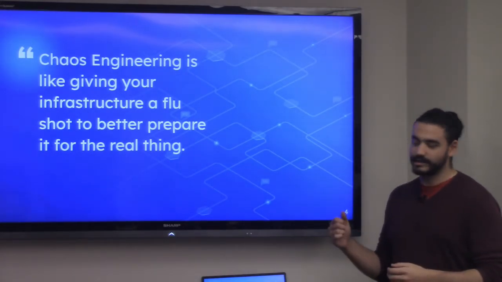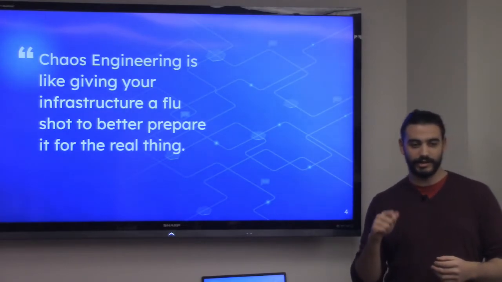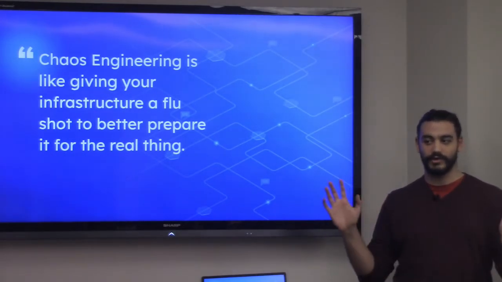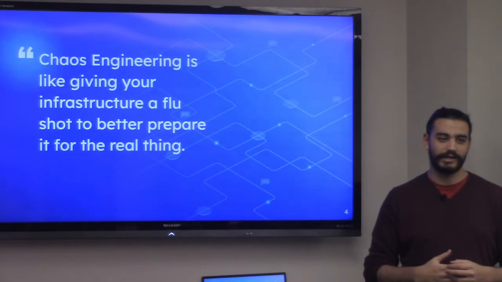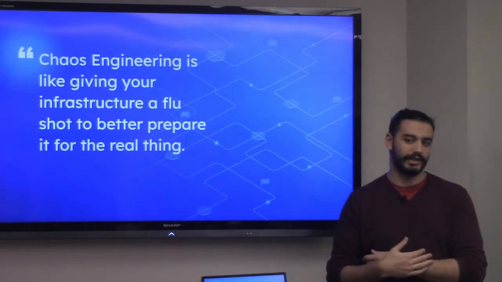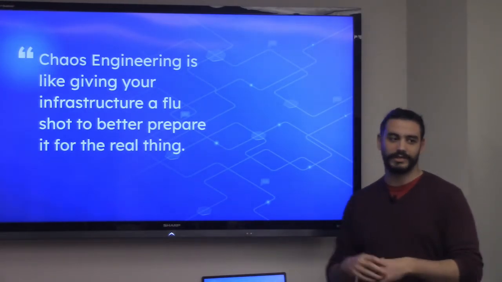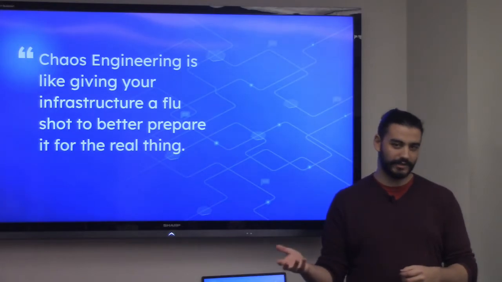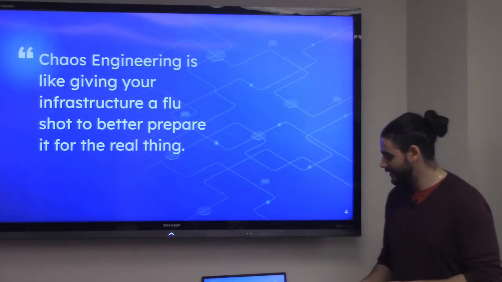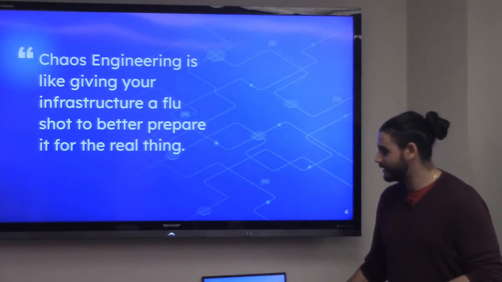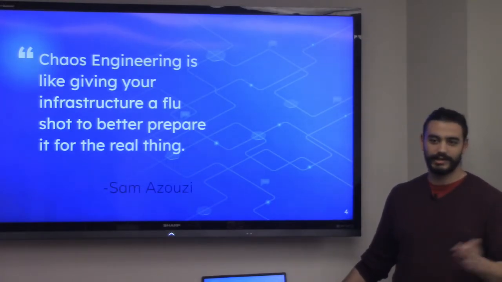So you're giving your infrastructure a little dose of what it would actually look like if your infrastructure failed. And it gets better because software engineers see this as a common thing rather than something that is rare. And if you know it's coming, you can better prepare for it. Because I don't know who quoted it, I'll say that I quoted it.